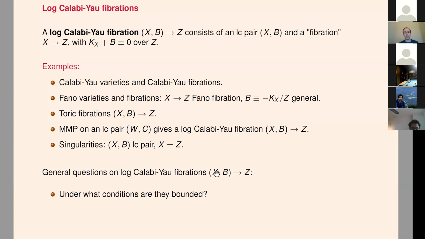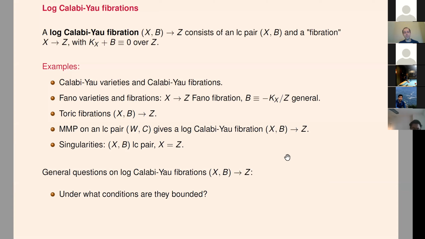For example, so that X moves in a bounded family, or Z moves in a bounded family. One very natural way this can happen is that Z itself is fixed, and then you take all the possible X over Z and ask, are they bounded or not, or what kind of conditions should you put so that they form a bounded family.